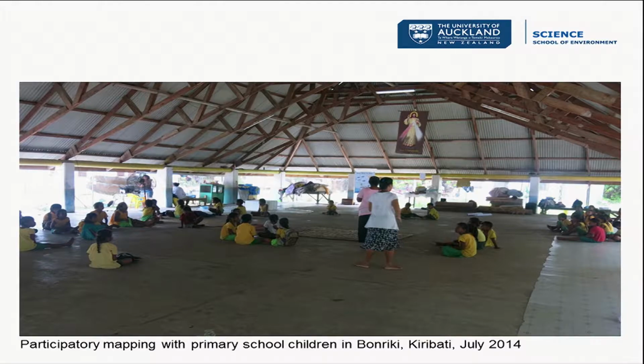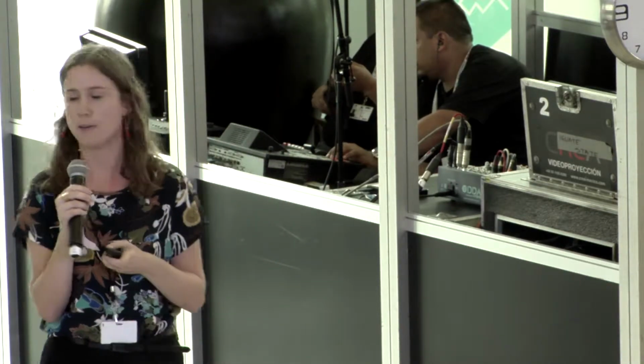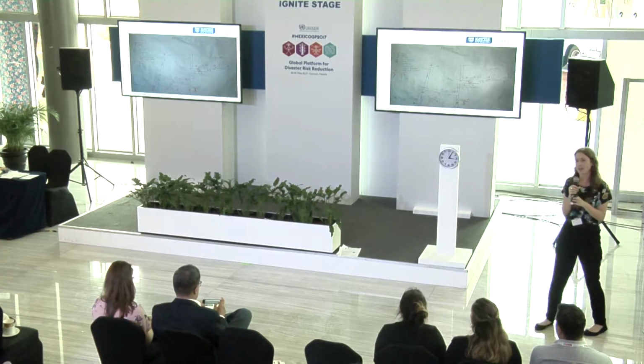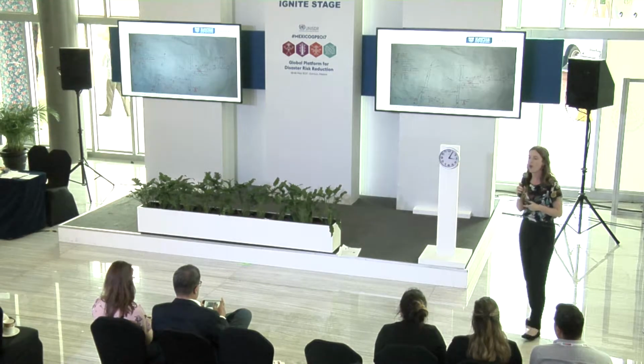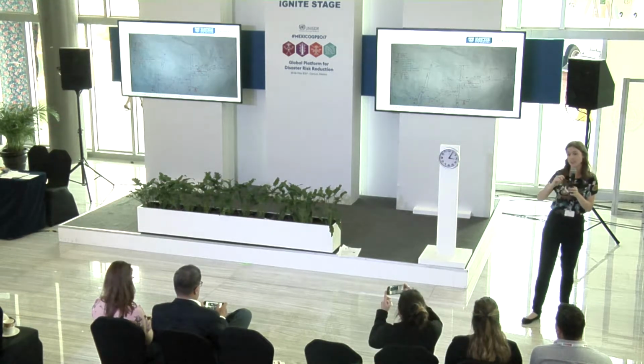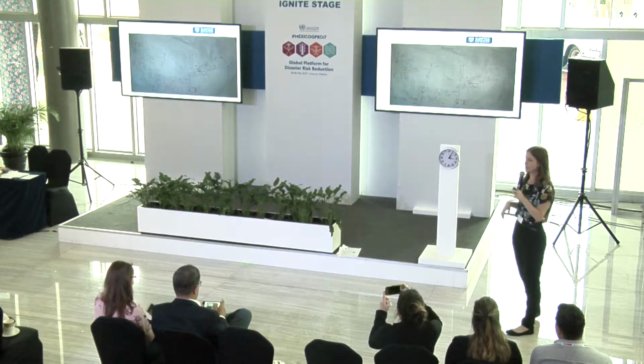So the map down the middle represents a runway around which their community is situated, and the children are running around using their bodies to represent different components of their environment. Sketch mapping is a common participatory method used in disaster risk reduction. So that's just free-handed sketches on big sheets of paper.